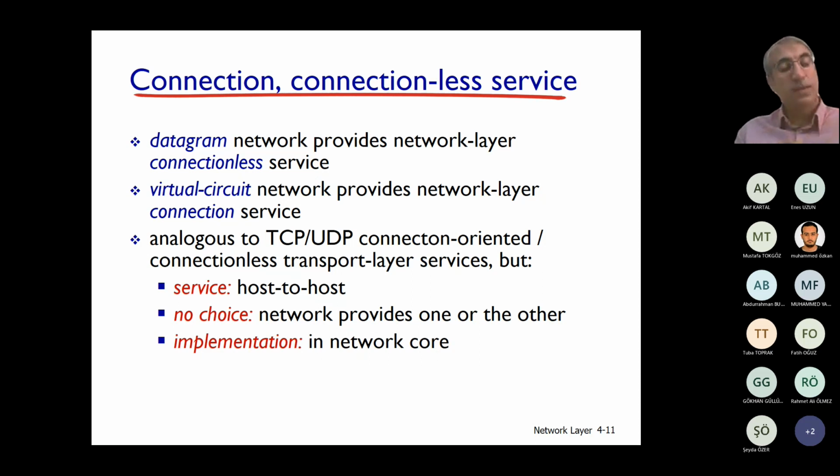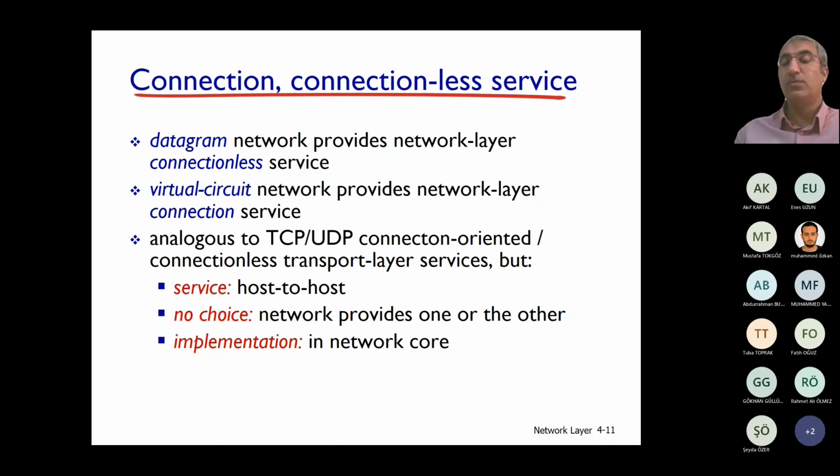But of course, there are some differences in terms of some features. First of all, the service is provided from host to host at the network layer, and there's no choice. The network provides one or the other. At the transport layer, you can easily switch between TCP and UDP, but at the network layer, it's not easy because it's part of the infrastructure, so you cannot change it.